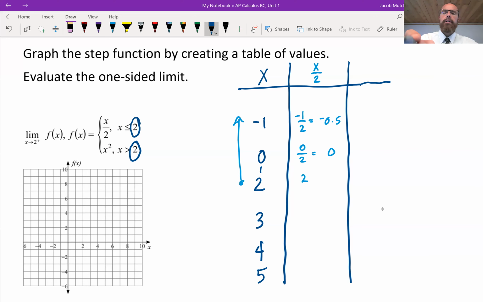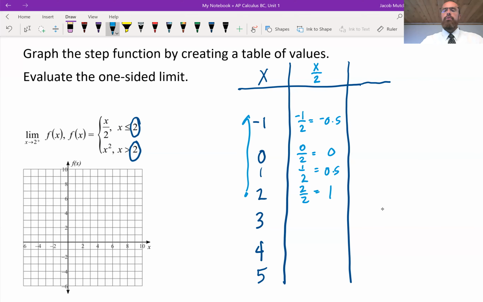Let's make sure we catch 1 in there. And we'll adjust all this. Okay, so again, we're going from 2, don't skip 1. Let's fill in. So this is going to be 1 over 2, which is half, and then 2 over 2, which is 1. And that's that point when x equals 2 that we switch over to the other function.